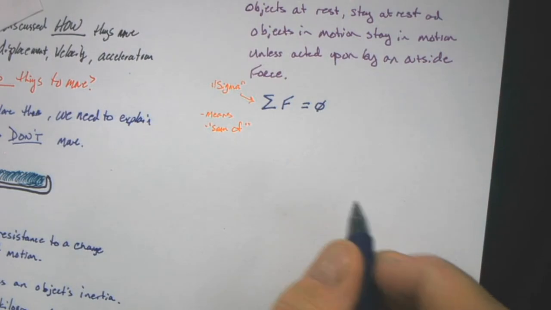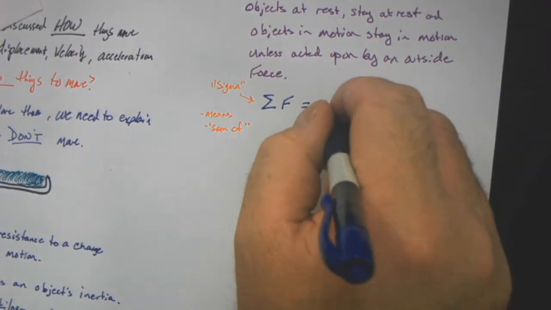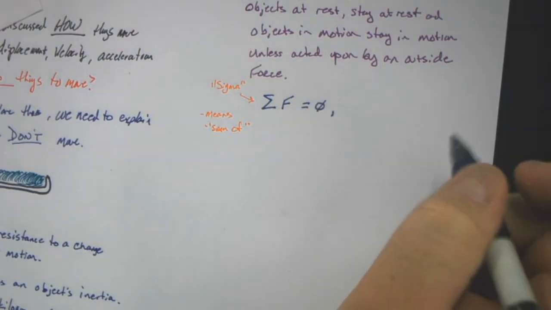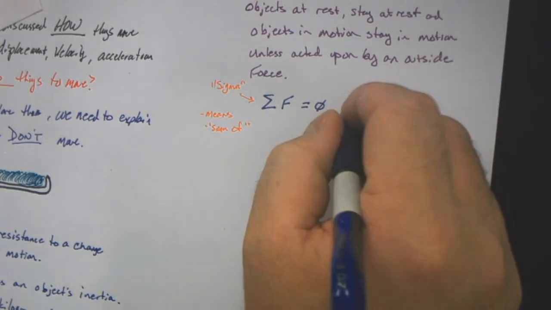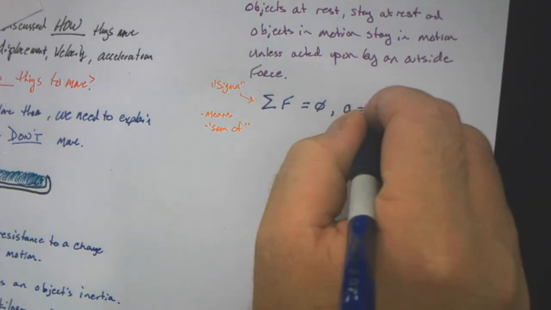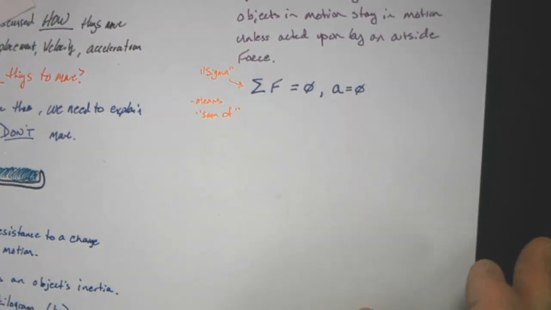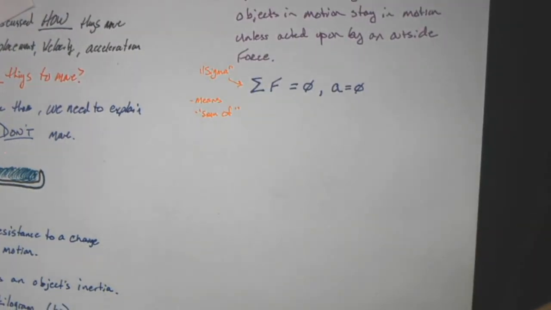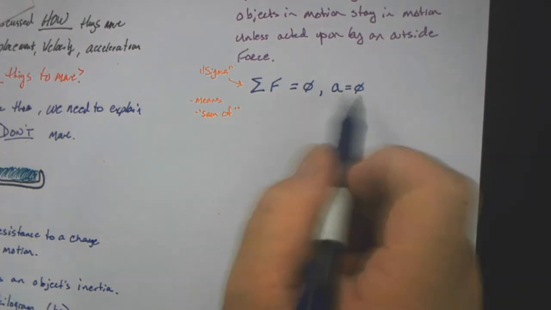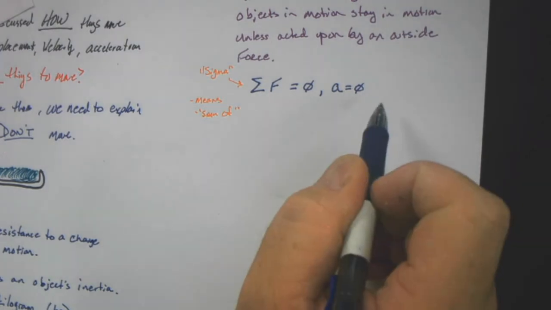if it equals 0, then the acceleration of that object is going to be equal to 0. Okay, and so we're going to break this math down into what it means in words.